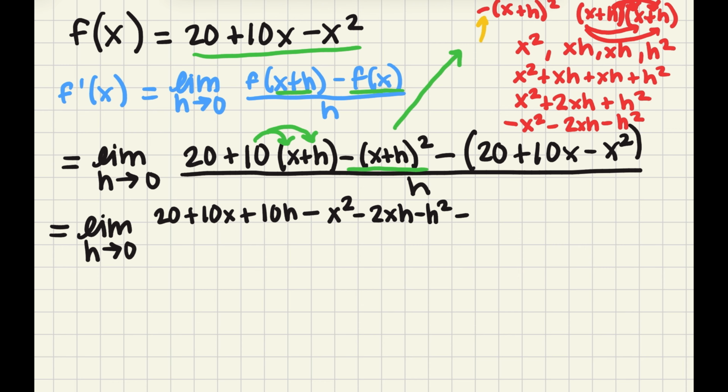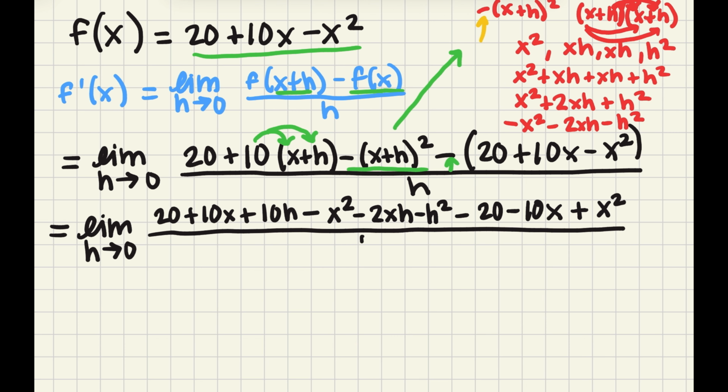Again, don't forget to distribute this minus sign right here. It'll turn into 20 minus 10x plus x squared over h. My hand is cramping.